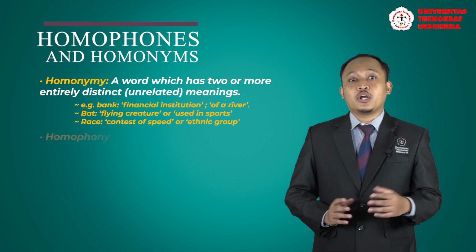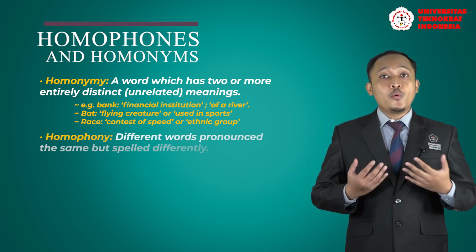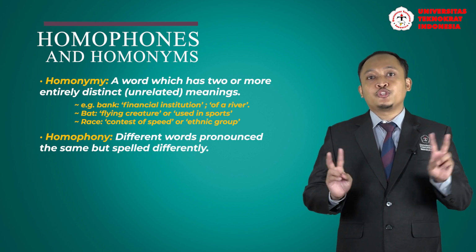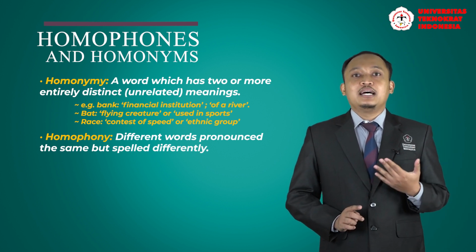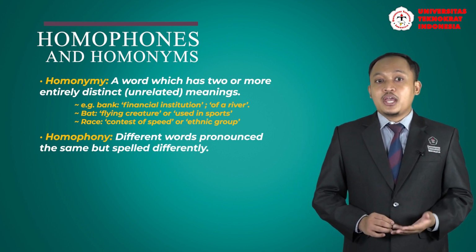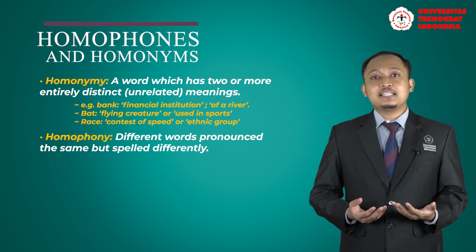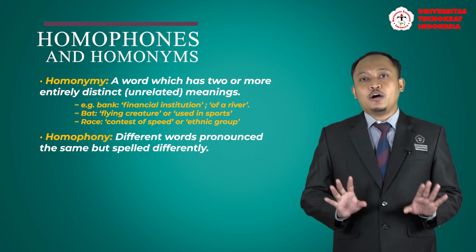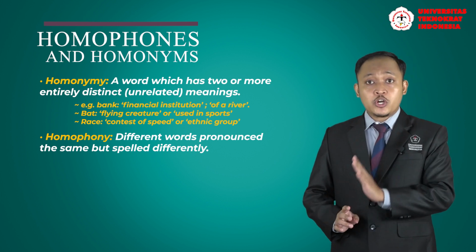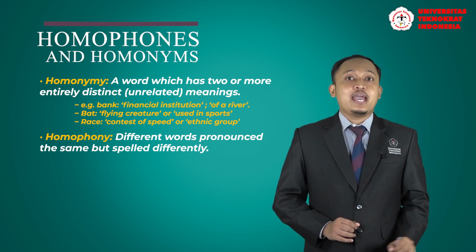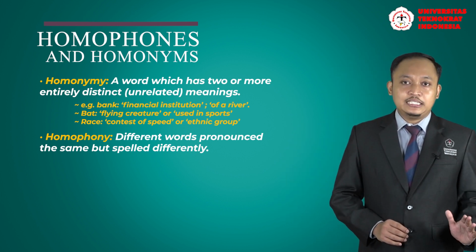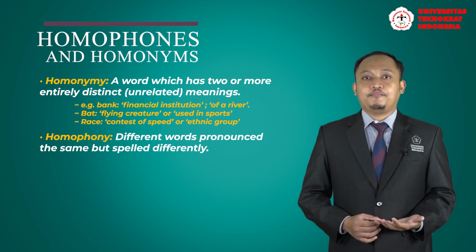It is then related to the concept of homophones, where there are two words that have the same sound. What does it mean? It means that it consists of two different letter compositions in a word, and they have totally different meanings, but the sound is similar.